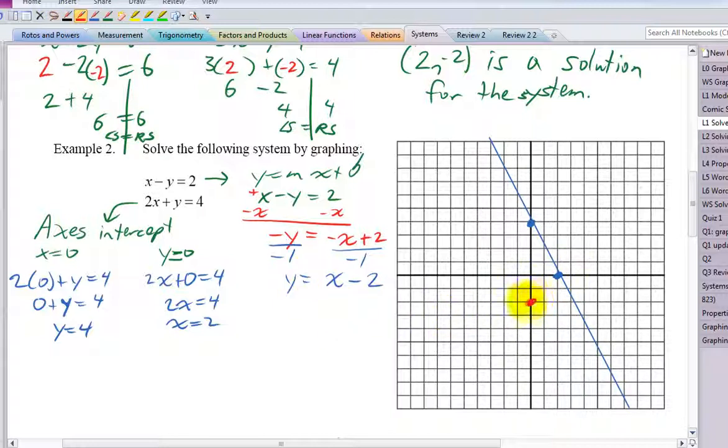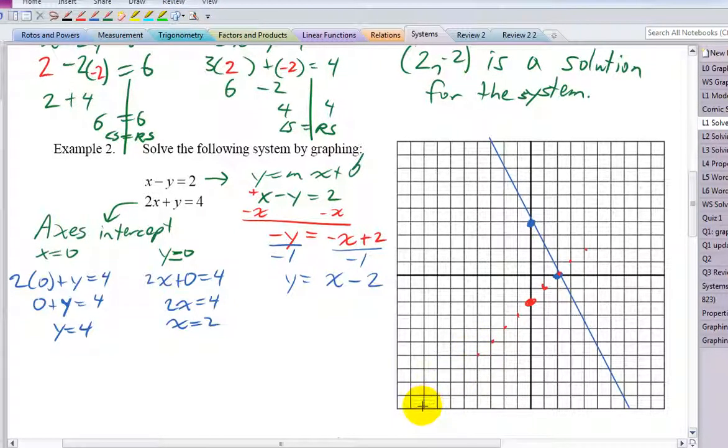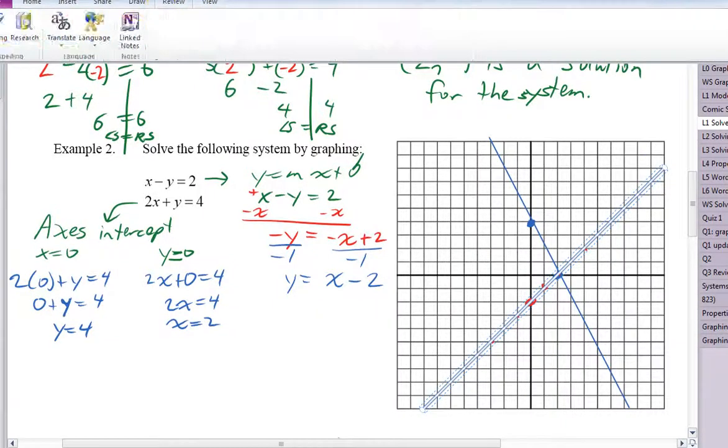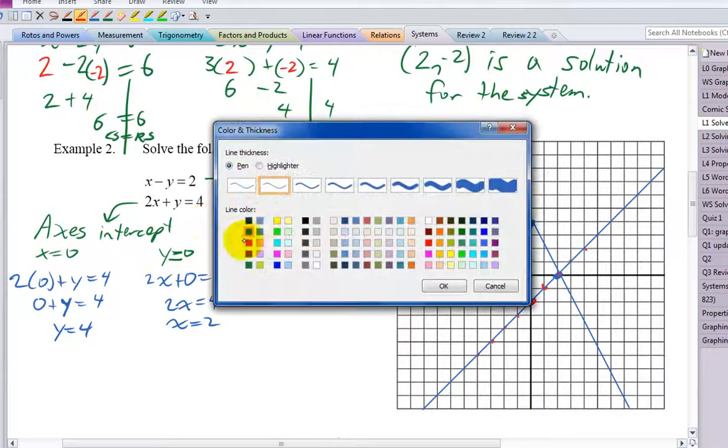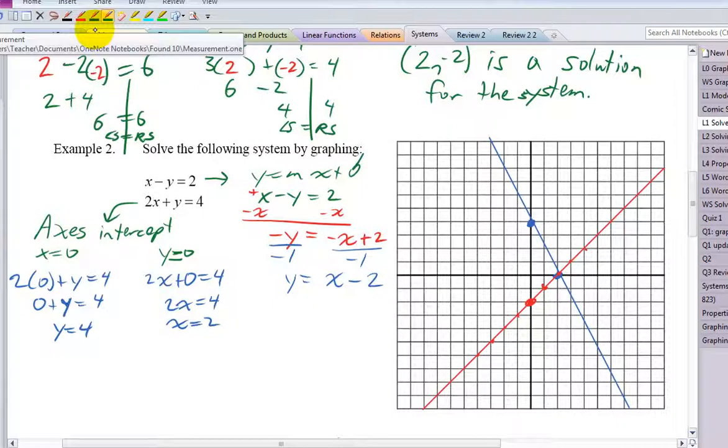So -2 is down here, up 1, right 1, up 1, right 1. And you should be able to go both directions with your slope. Okay, so there's your two lines.